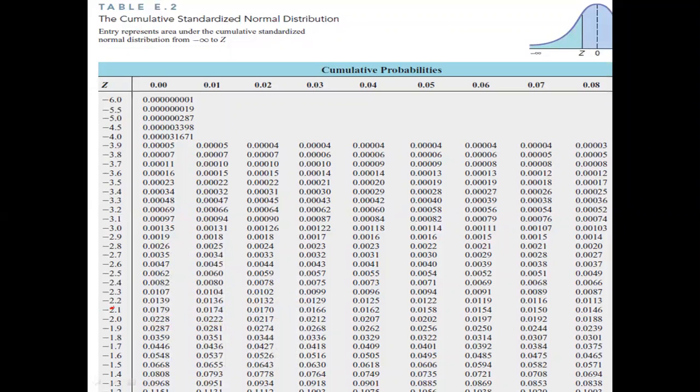So this is minus 2.2. We have to compute the probability of minus 2.23. So in row we will check minus 2.2, and in column we will check minus 0.03. So we will intersect this row and column. So this is the probability of z, and probability of minus 2.23 is 0.0129.